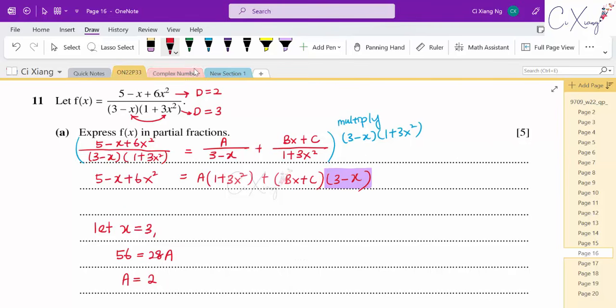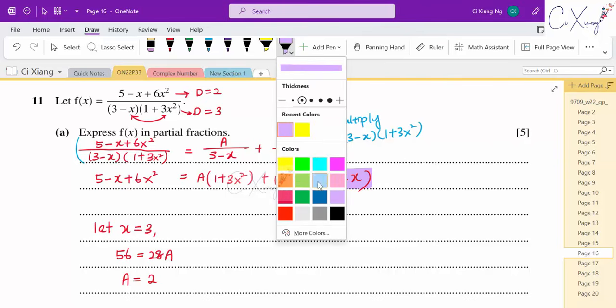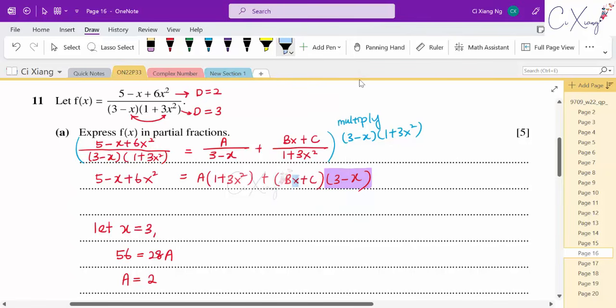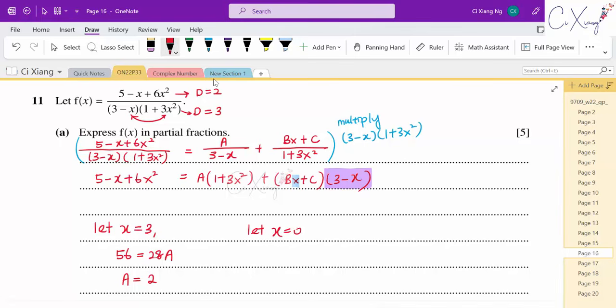Next value, if I want to find out the next value, I will consider this one. Okay, x is still linear here, right? So to make this x become 0, I will let x equal to 0. Again, substitute x equals 0 into the whole equation that I show here. I'm having 5 on the left hand side.